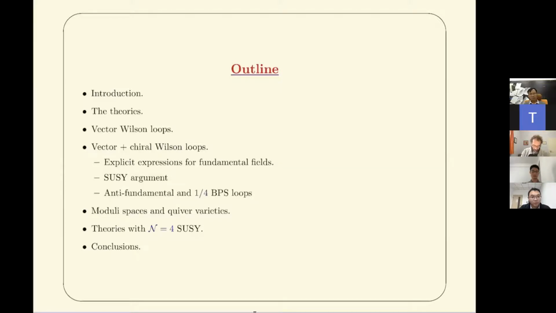And then I will explain what is the solution to the problem, what are the moduli spaces, and how this is related to quiver varieties. And I will explain briefly what quiver varieties are. If I have time, I will talk about theories with n=4 supersymmetry, which is in my upcoming paper.